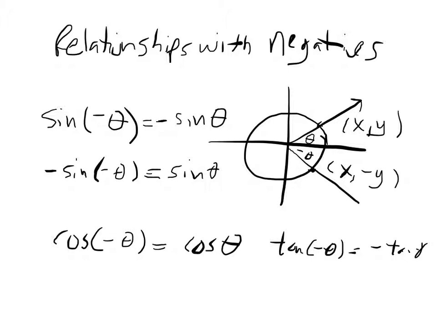And those are some of our relationships with negatives. And there are others, and you want to figure out what the secant, cosecant, and cotangent relationships are, thinking that they're simply the reciprocals of your sine, cosine, and tangent. So I'll let you think about that, and that's again the box on page 317.